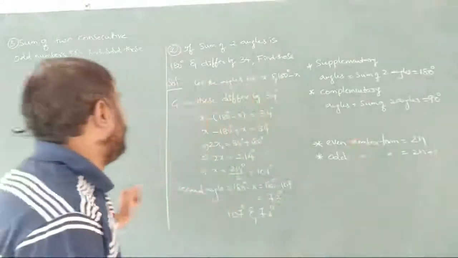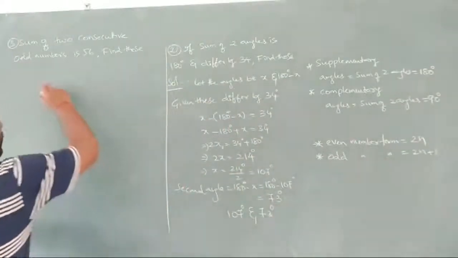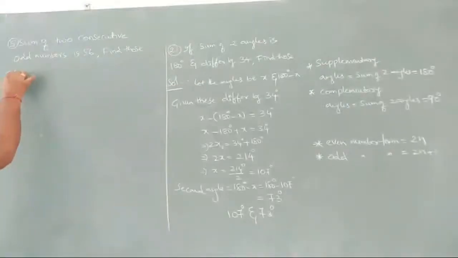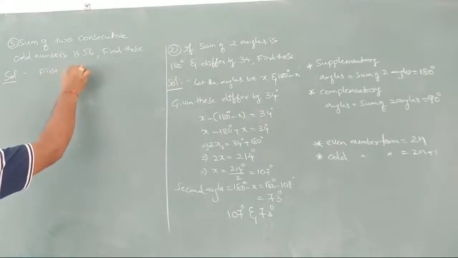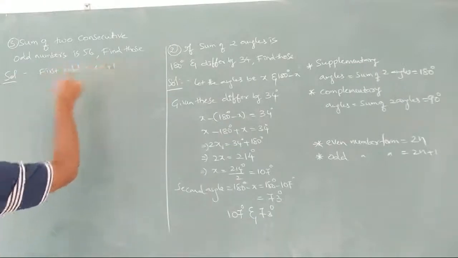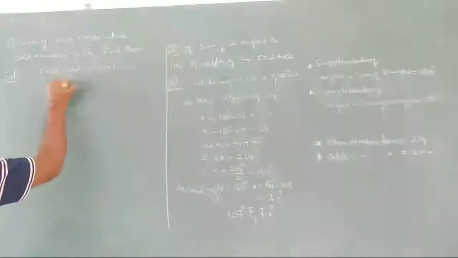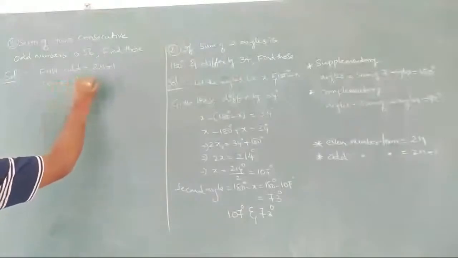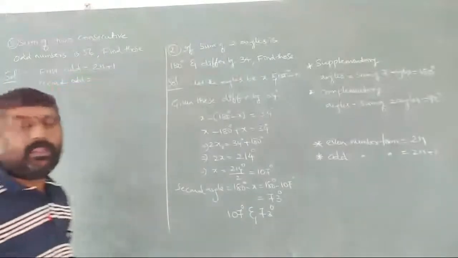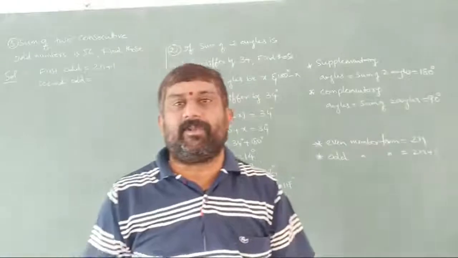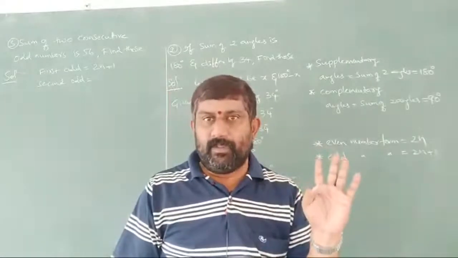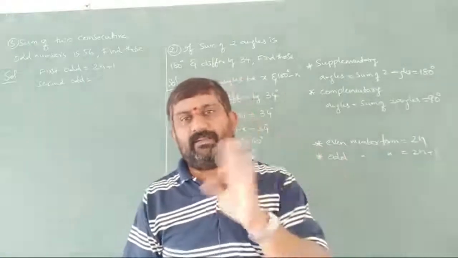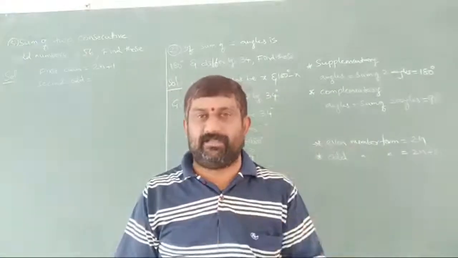Now coming to the sum of two consecutive odd numbers given here. The first odd number we are assuming is 2n plus 1. For the second odd number, if you observe here, the difference between two consecutive odd numbers will be 2 only. 3 and 5 is 2, 5 and 7 is 2, 1 and 3 is 2, like this.